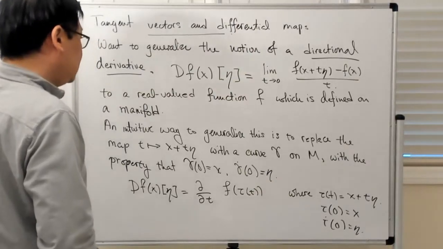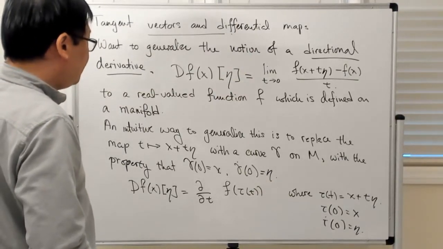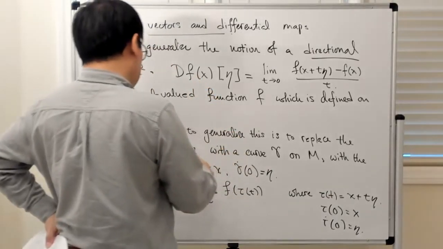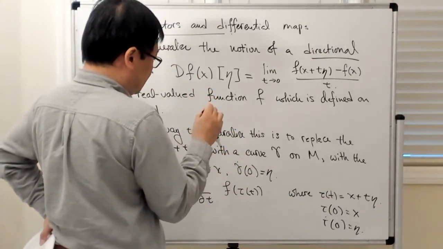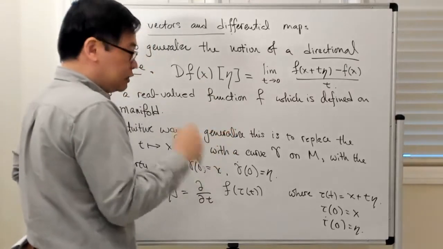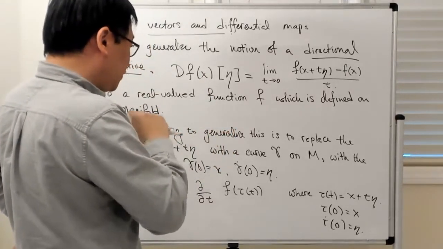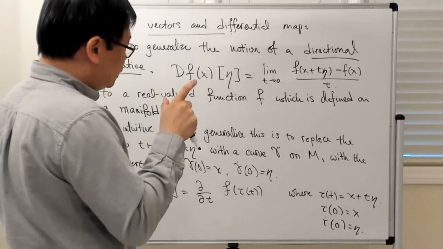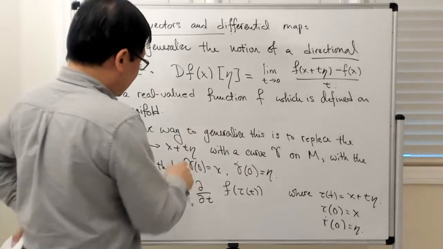So instead of working with a base point and a tangent vector, we're going to work with a curve which goes through that base point at time 0 and whose derivative at time 0 is that vector.